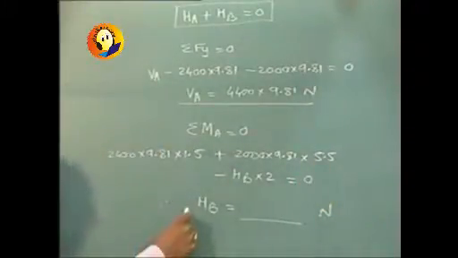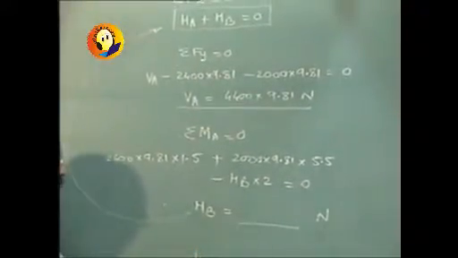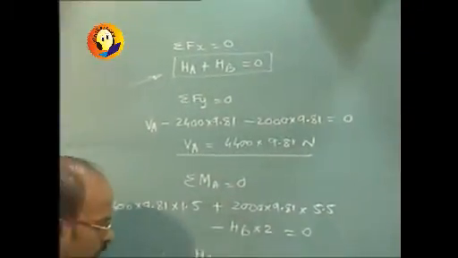Once we get this HB, it can be substituted and you will get HA to be equal to minus HB. This answer is bound to be the negative one, newtons.